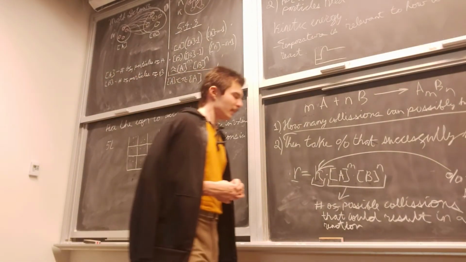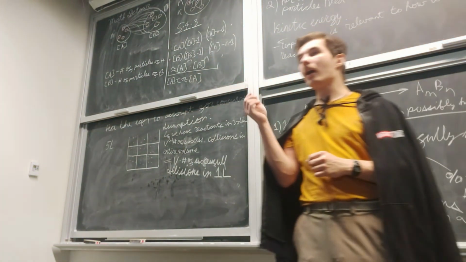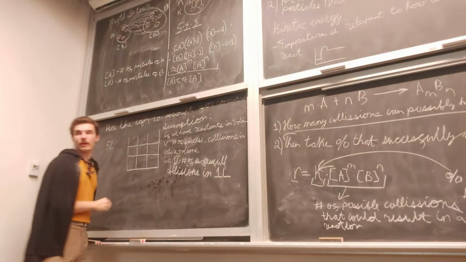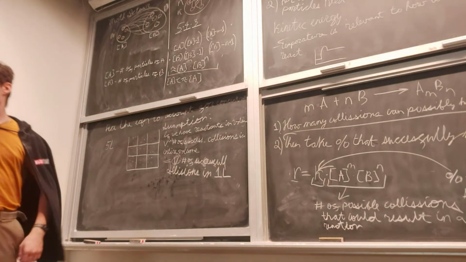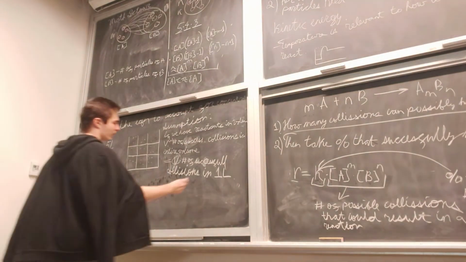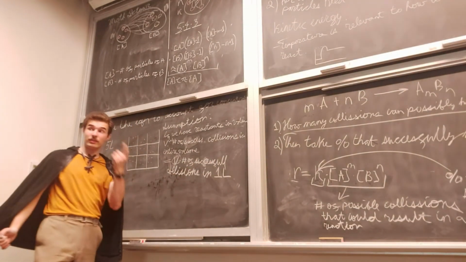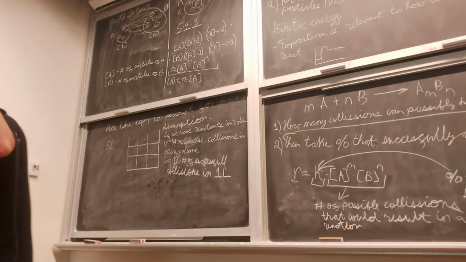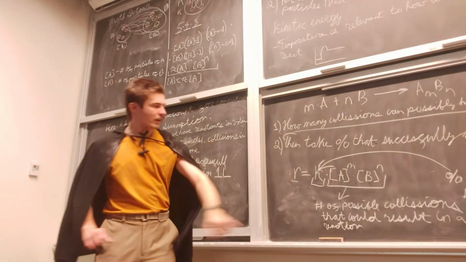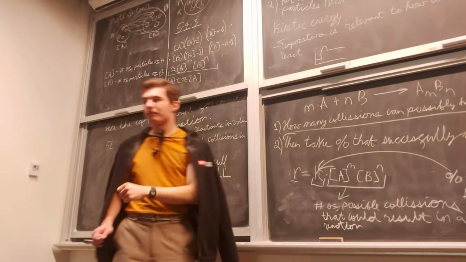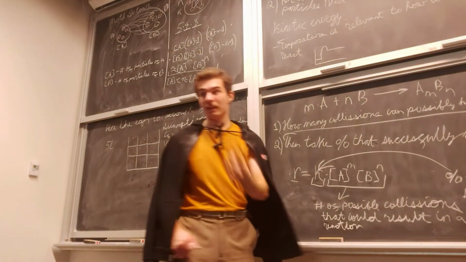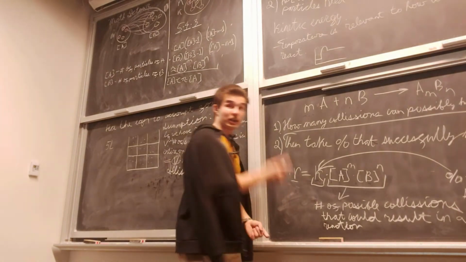Okay. So now what do we get? If we know the volume, and it's quite easy to find the volume, then it's enough for us to care about the number of successful collisions in a single liter. Does that make sense? So now let's take this equation and restrict everything to 1 liter: the number of particles of A in 1 liter, the number of particles of B in 1 liter, and the rate of reaction in 1 liter.